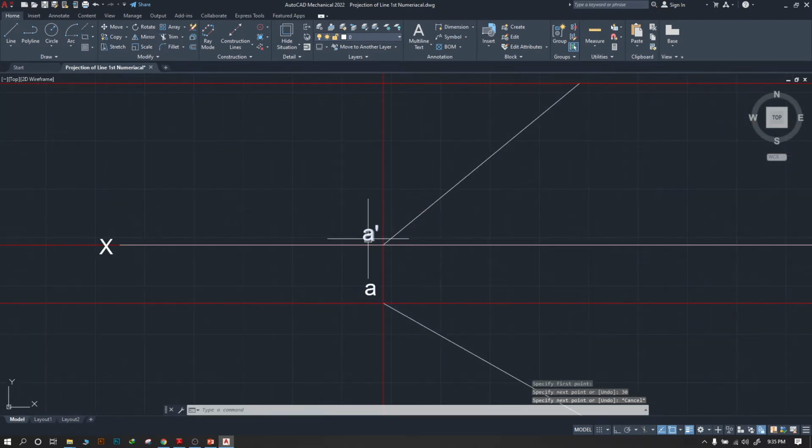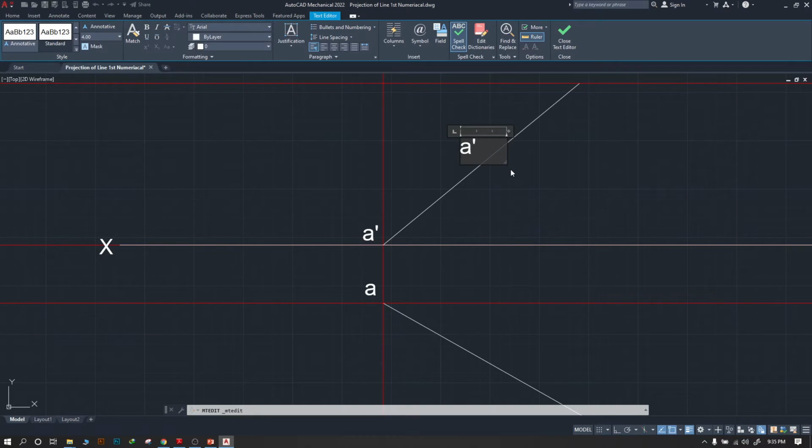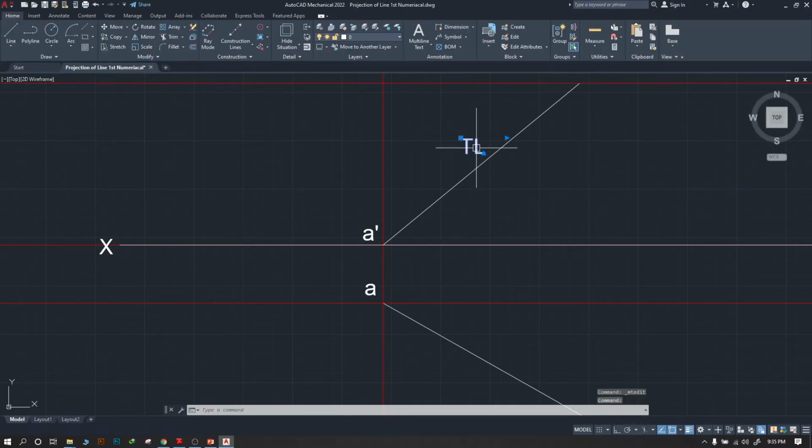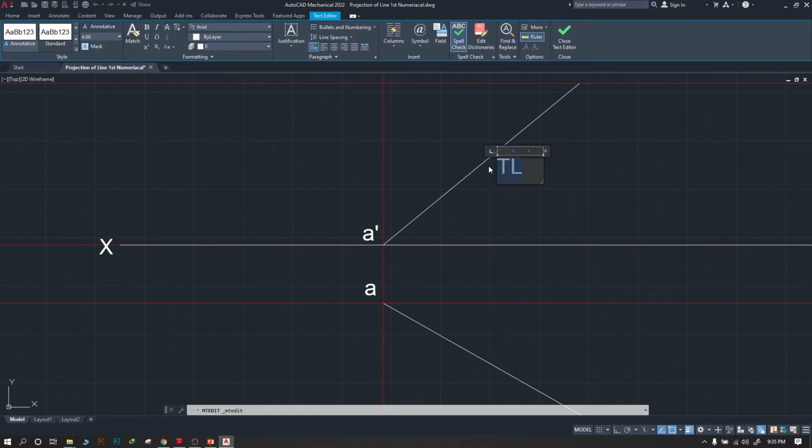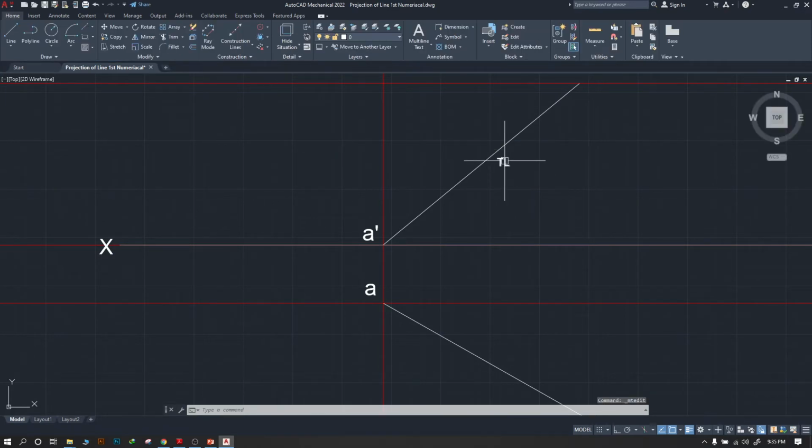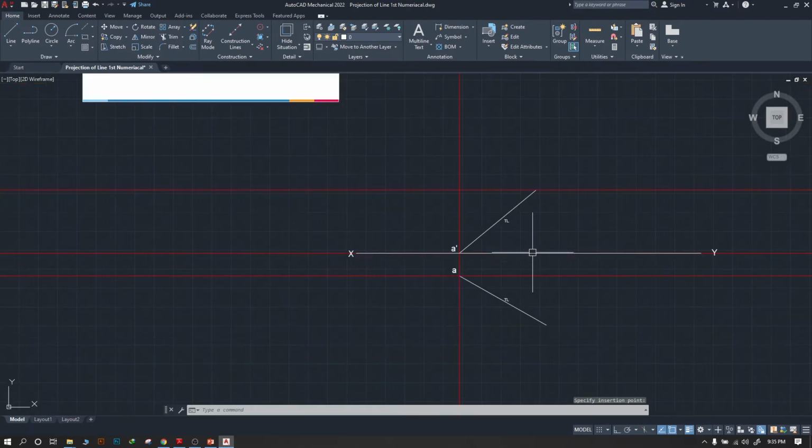Now these are the true lengths in the front view and in the top view. So this one is the true length in the front view. I just copy that and mark it over here.